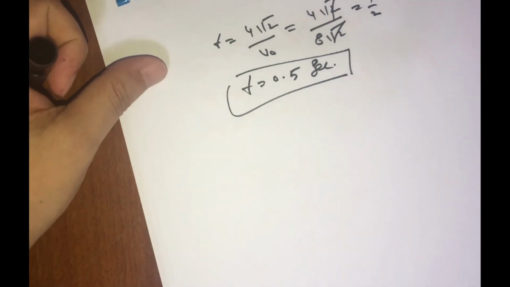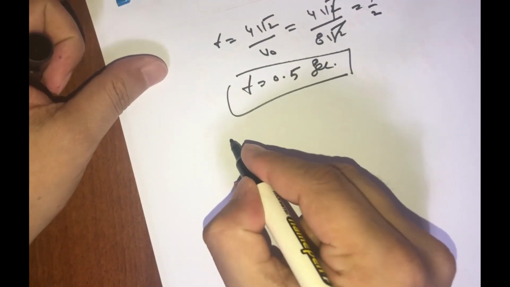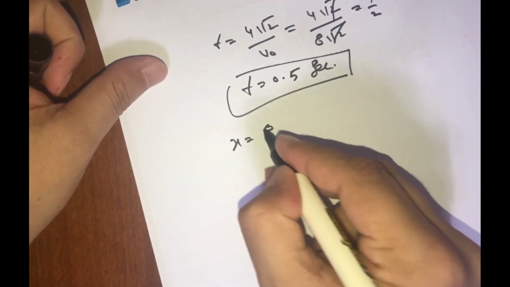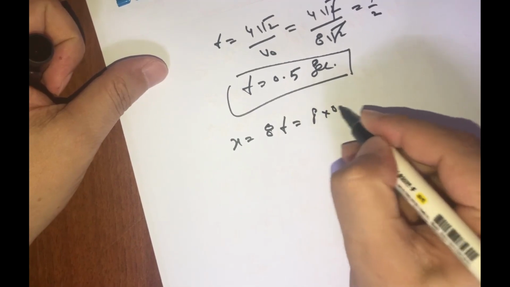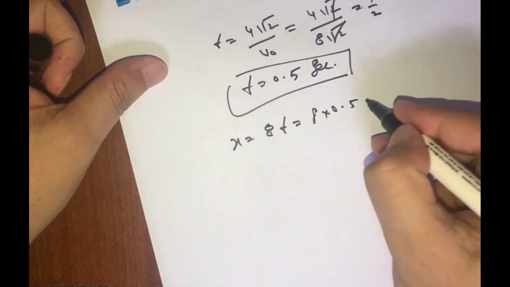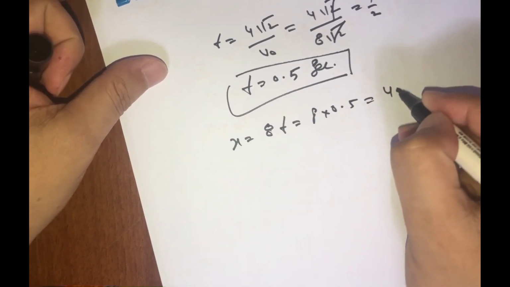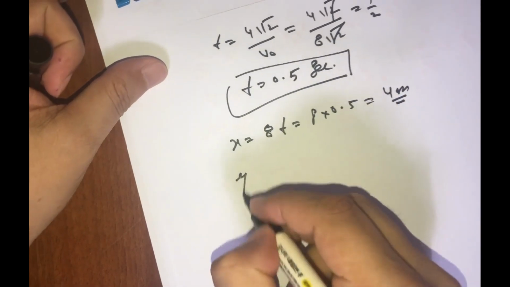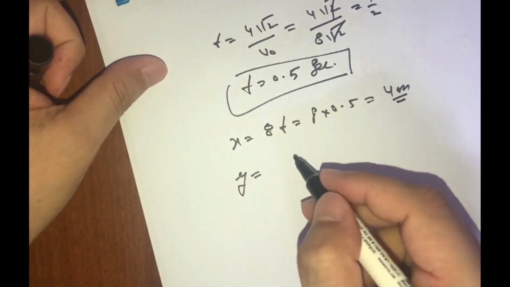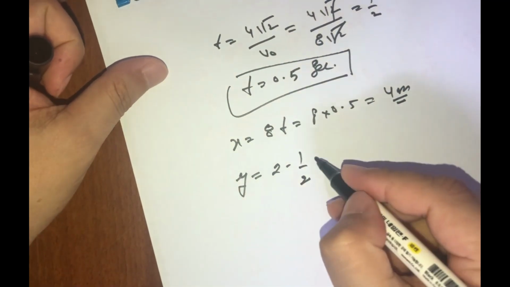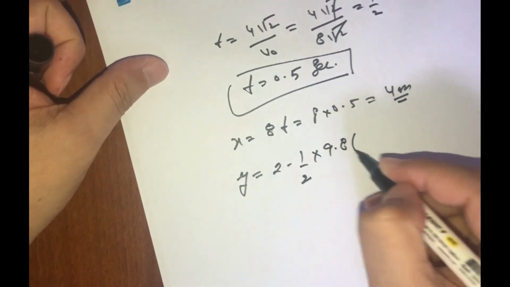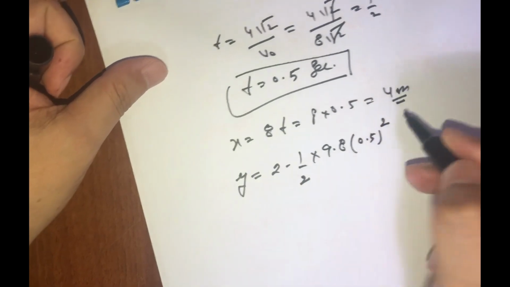Next we are going to find out the coordinates. So coordinate x we already know is given by 8 multiplied by t. So this will be 8 multiplied by 0.5. So we are going to get this as 4 meter, and y is equal to 2 minus half into 9.8 into 0.5 squared.